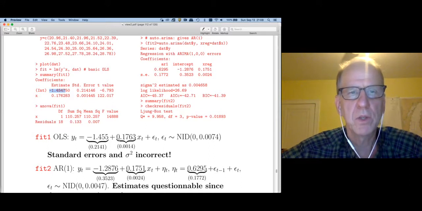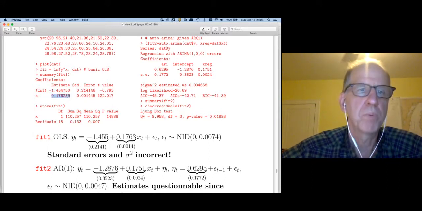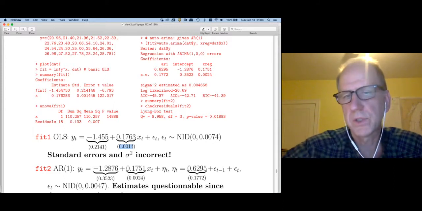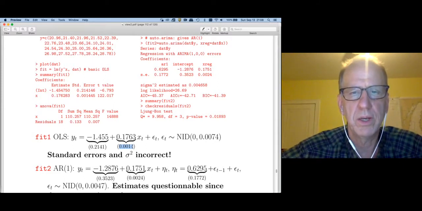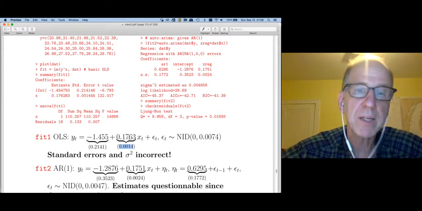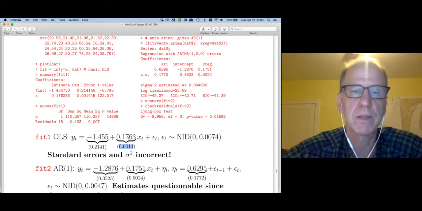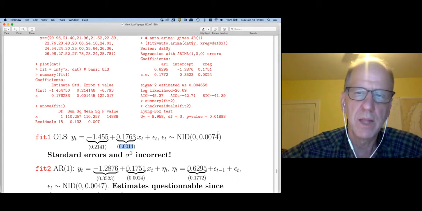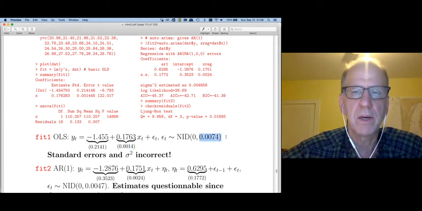Now the slope is estimated to be about 0.176 with a standard error of 0.0014. What I told you on the first slide was using OLS will give us unbiased estimates of the slope, so that's going to be fine, but these standard errors are going to be wrong. Likewise, the sigma squared will also be wrong.